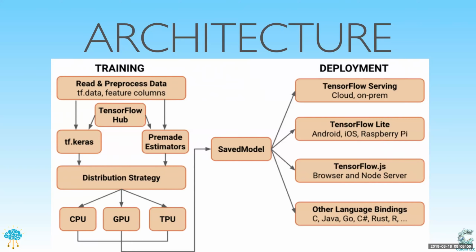And this is backward compatible, as in the models saved in TensorFlow 1 should still be deployable with TensorFlow Serving or with TensorFlow Lite and the other deployment strategies. So some compatibility has been preserved with the previous version.